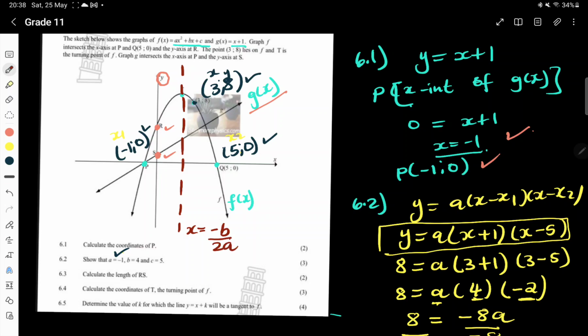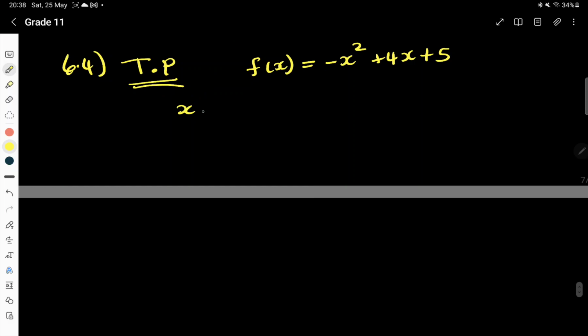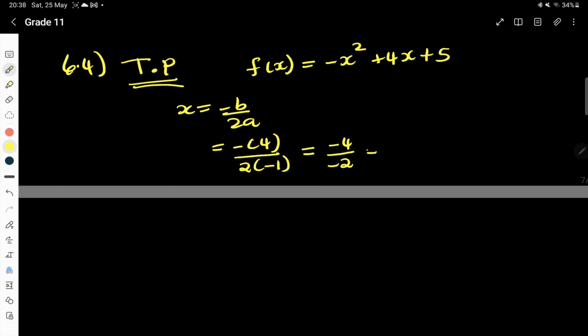So you are going to say x equals minus b over 2a, which is negative 4 over 2 into negative 1. Then x will be negative 4 over negative 2, which is 2.